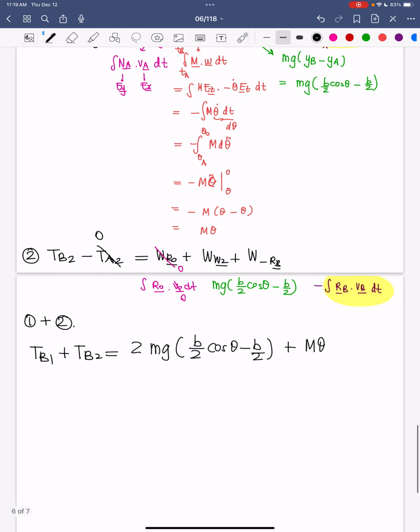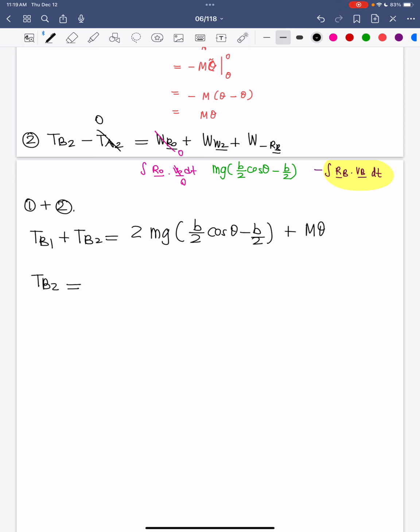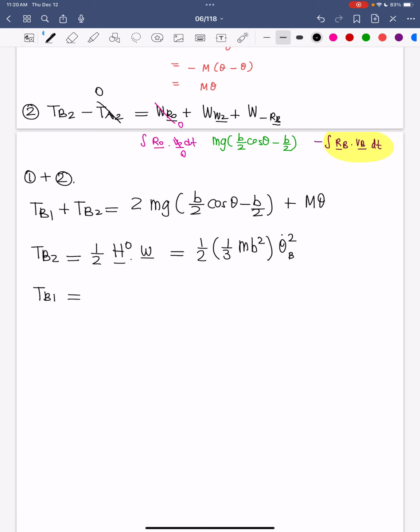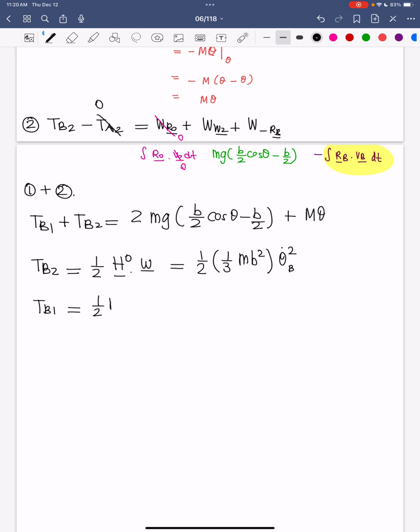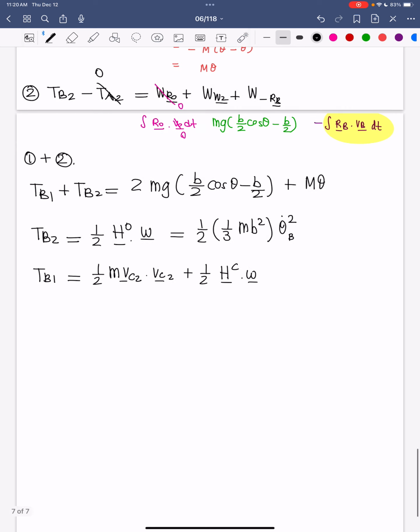So I can write TB2 as half I, so it's basically half HO dot omega, which simplifies to half 1/3 mb squared times theta dot squared at time B. Now TB1 does not have a fixed point, so we're going to have to write its kinetic energy as half m vC dot vC, the center of mass, plus half HC dot omega, and this HC dot omega I can write as half 1/12 mb squared theta dot B squared also.